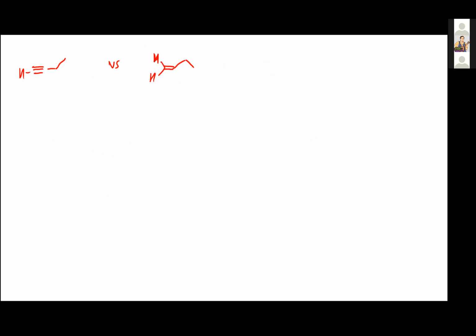As an organic chemist, I'm very upset by silicon in general. It's really useful, but I don't trust it. Okay. Let's take both of these, and we're going to treat these with really strong bases. I'm going to pick the strongest base I know.